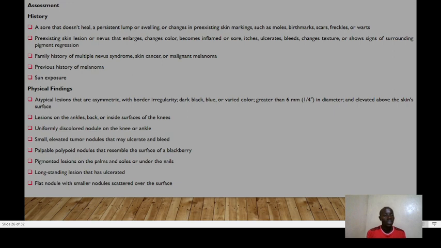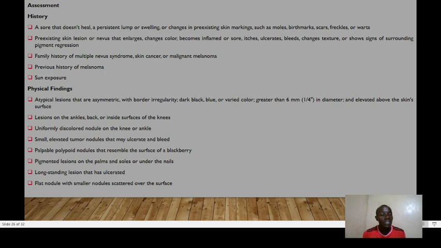So physical findings include atypical lesions that are asymmetrical with border irregularity, dark black, blue, or varied color, greater than 6 millimeters in diameter and elevated above the skin surface. Lesions on the ankles, back, or inside of the knees. Uniformly discolored nodule on the knee or the ankle.